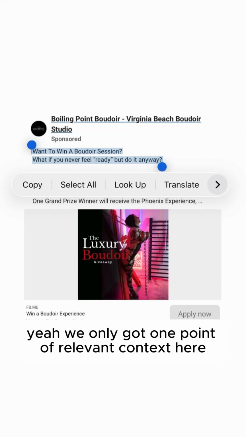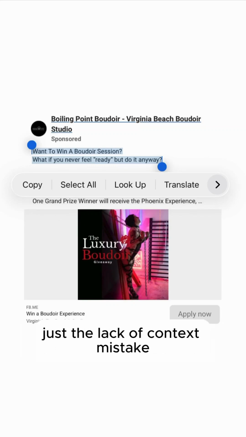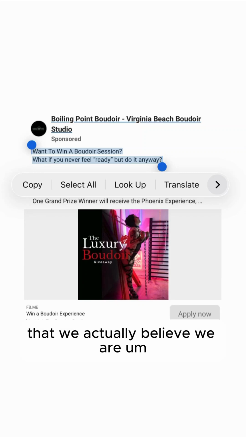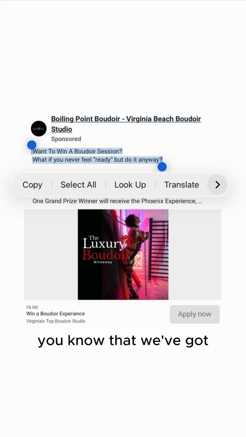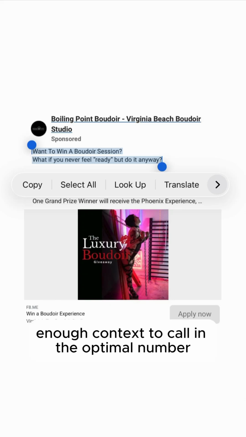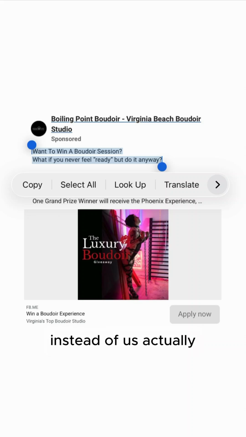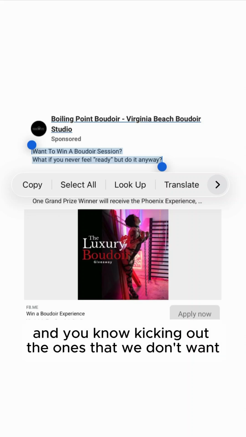All right, so yeah, we only got 1 point of relevant context here. It's just a lack of context mistake. The false belief that causes us to make this mistake is that we actually believe we've got enough context to call in the right number of maximum women that we're actually speaking to, and kicking out the ones that we don't want clicking on our stuff.